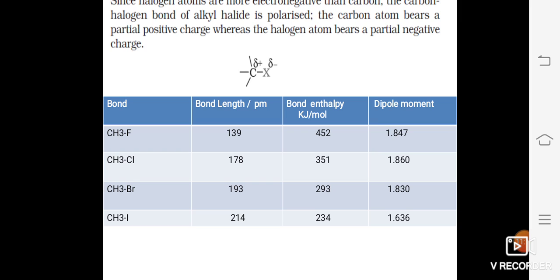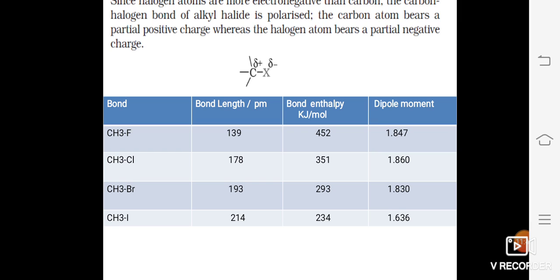So here we find that in the carbon-halogen bond, that is the bond formed between carbon and halogen, the halogen always develops a partial negative charge and carbon always develops a partial positive charge. This is due to the difference in electronegativity.